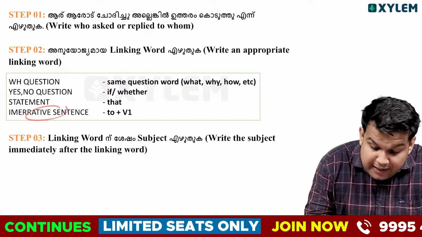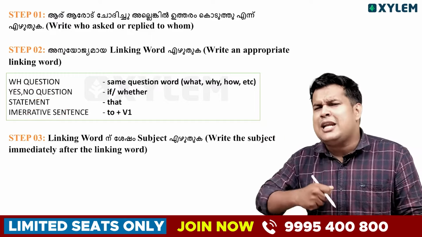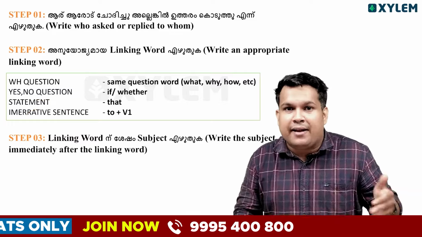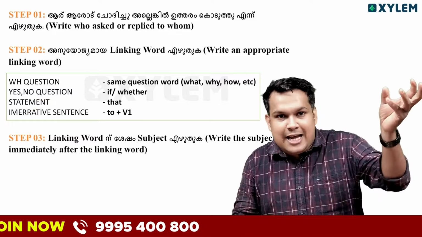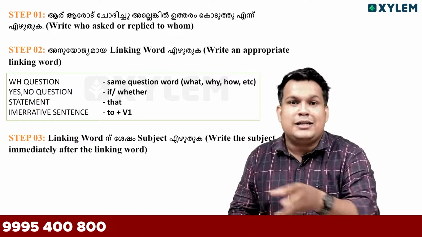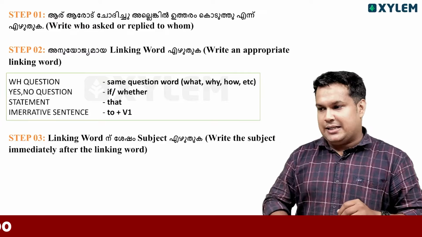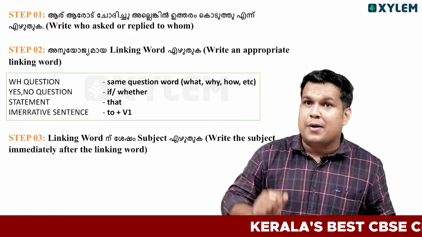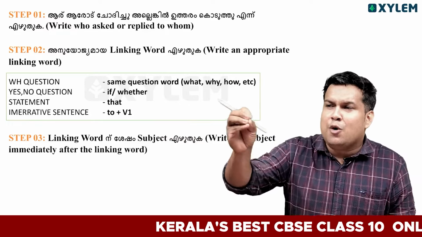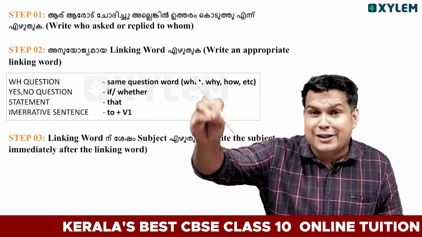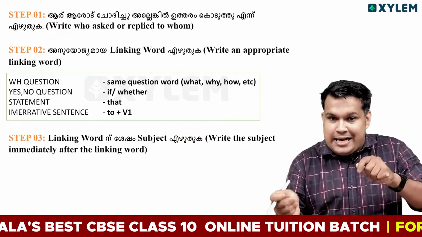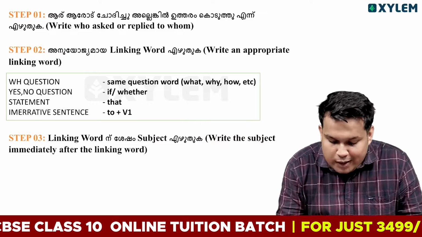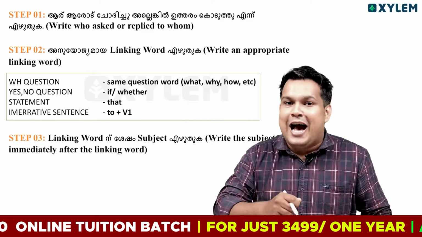Then if it is an imperative sentence, what is an imperative sentence? A command, request, order. These types of sentences are collectively called imperative sentences. For instance, I'm requesting one of my friends, will you please close the door? That is a request. Hence, that is an imperative sentence. So what is the formula for reporting an imperative sentence?